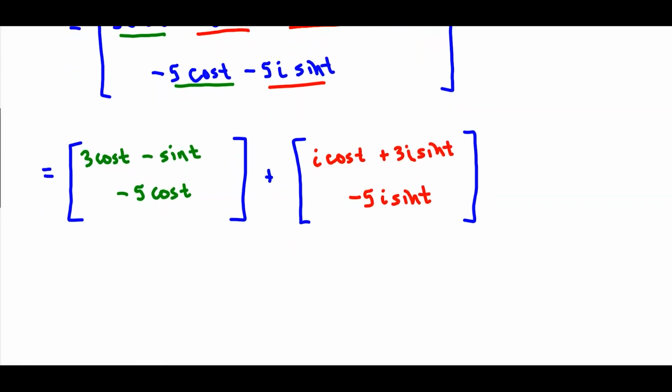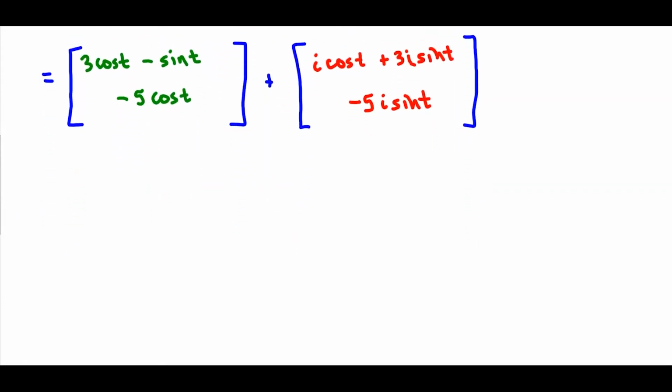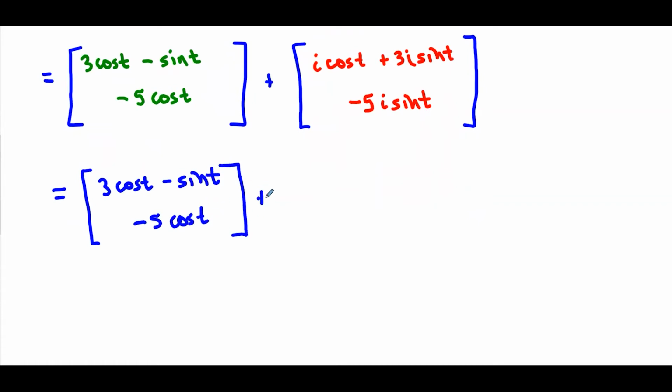Now in the second vector, since each term here has got an i, I'm going to factor out that i. So I'm going to say first vector plus i times the second vector. The second vector is going to be cosine t plus 3 sine t, and then -5 sine t in the second component.